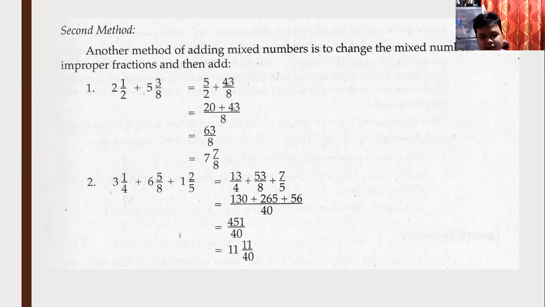So dito, kung atin titingnan, hindi mo na pwedeng i-adjust yung 40. Ang naging adjustment mo ay simple as this. 53, di ba? Times 8. Sorry.